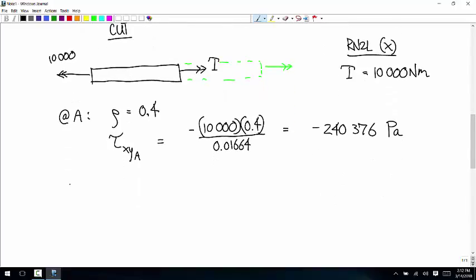Okay. So now at B. Tau xy at B. Right. Yeah. So we got negative 10,000. Rho in this case is 0.35.